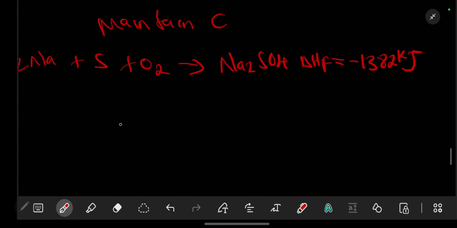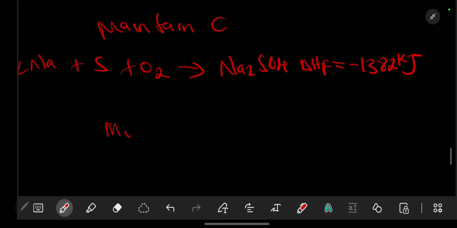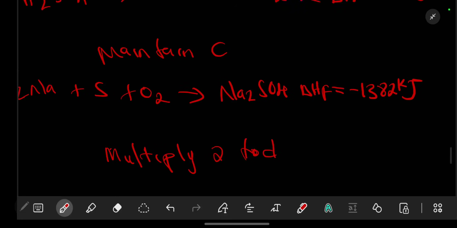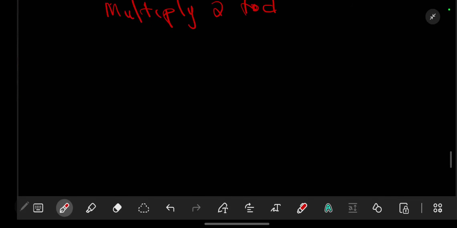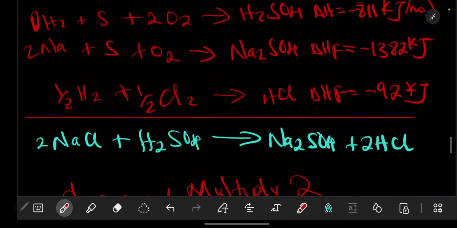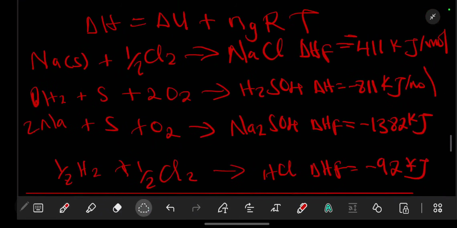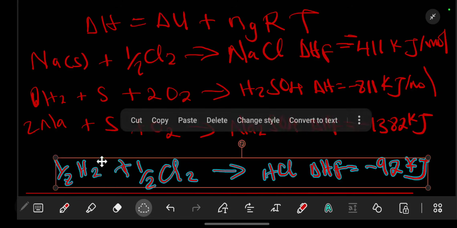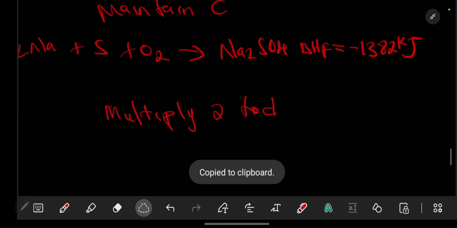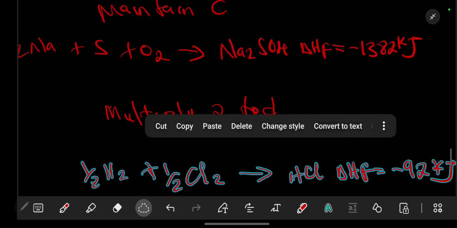So we are going to say multiply 2 to D. So multiplying 2 to D means getting the same equation, which is this one. Now just multiplying the 2.